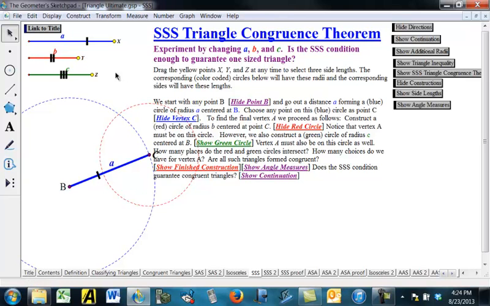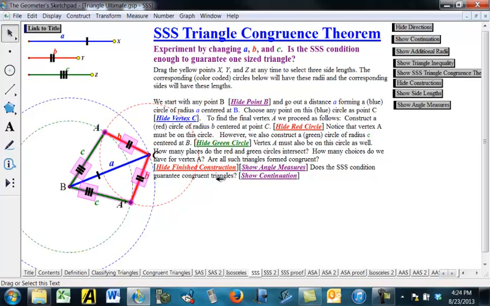Now, likewise, we can set our compass to the length of this length C, and that gives us a green circle. So what does that tell us? Vertex A also has to be on the green circle. Well, if you look at it, we only have two possibilities where the green and red circles cross, right here and right here. We can pick either one of those, and we get these two possibilities for triangles.